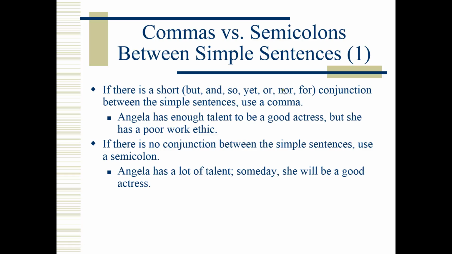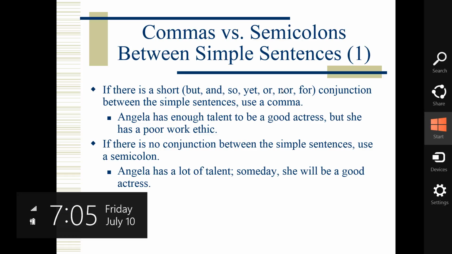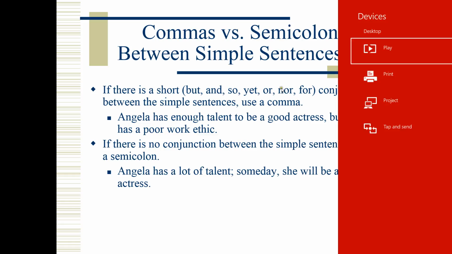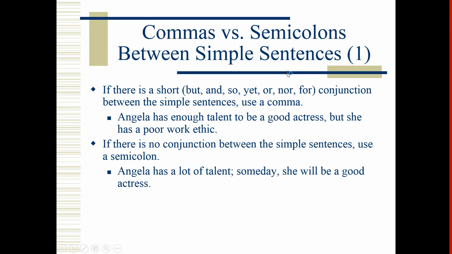If it helps you to remember them, and it does help some students, whenever you're trying to remember what the conjunctions are that you would put the comma before when they occur between independent clauses, try, darn you Windows 8, if it helps, remember the acronym FANBOYS.